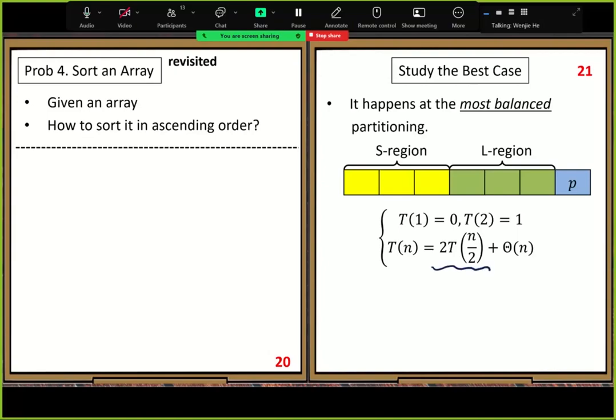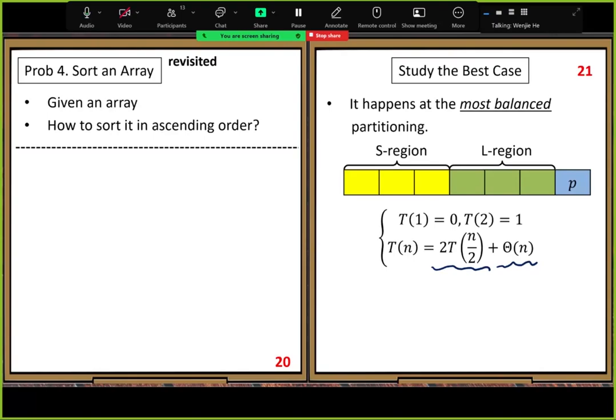Two smaller subproblems, each about half of the original data size, n over 2. So 2 times T of n over 2. Then the partition step is big theta of n. Here we use asymptotic notation, but in your computation, you cannot use asymptotic notation.